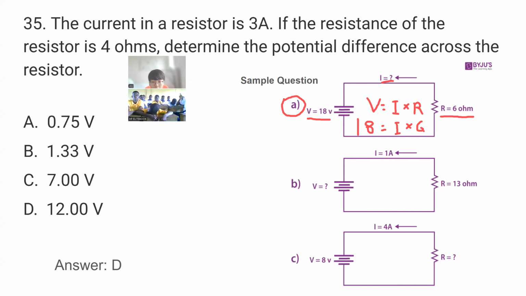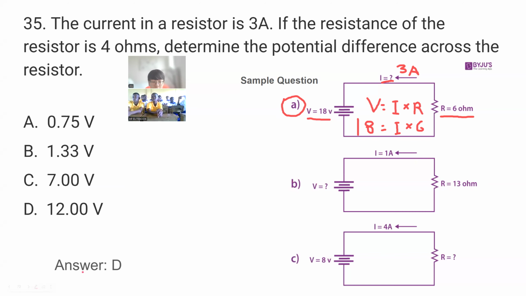This is given. So what will be the I? I heard 3. Yeah, that is correct. The I equals 3 ampere, since 18 divided by 6 is 3.